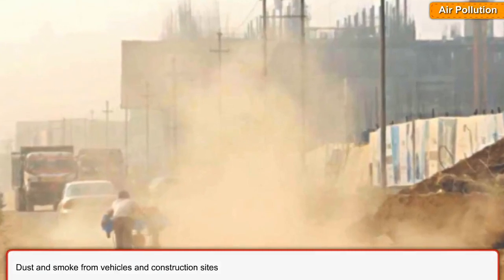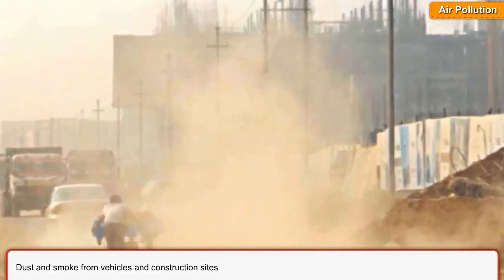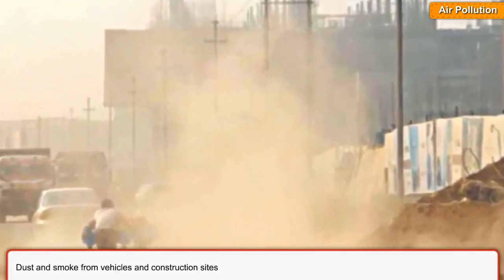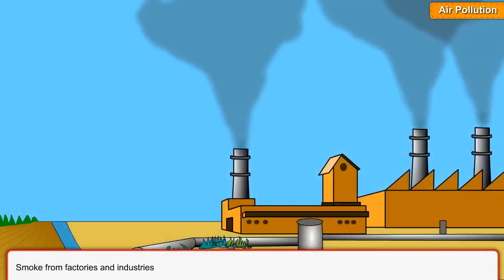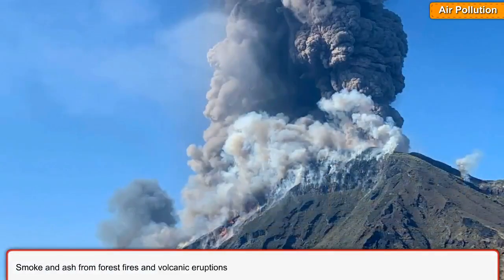Dust and smoke from vehicles and construction sites. Smoke from factories and industries. Smoke and ash from forest fires and volcanic eruptions.